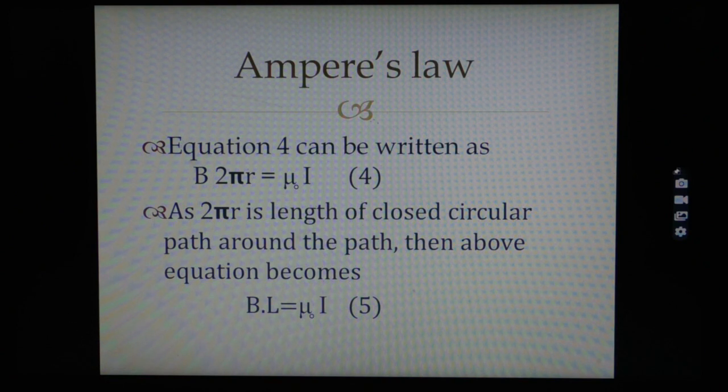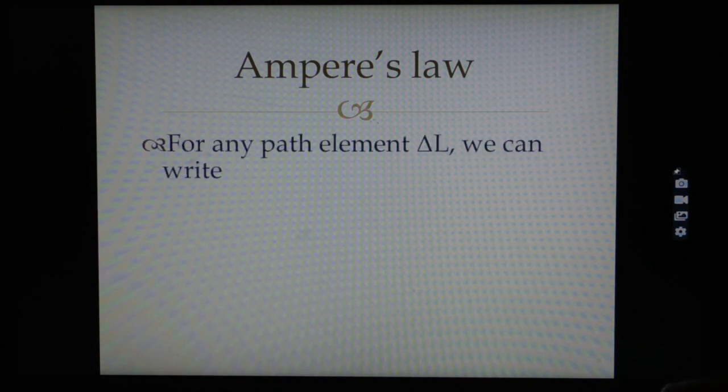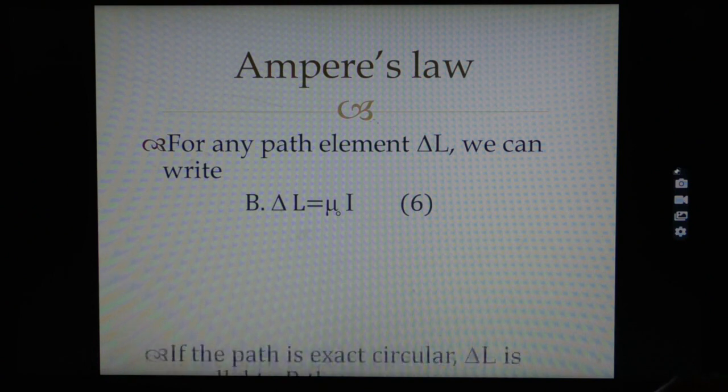Alright, for any path element delta L we can write: if we consider different points on the circular path, then we come to a path element, and for any path element, instead of L we write delta L, that is B dot delta L is equal to mu naught I. So these equations 4, 5, 6 are different ways to write Ampere's circuital law.